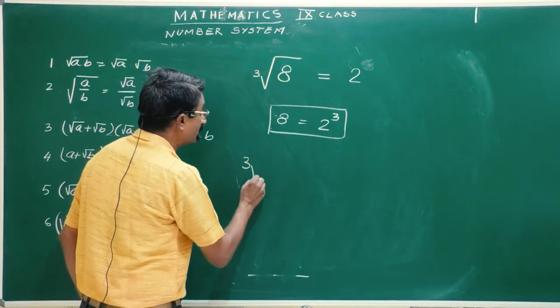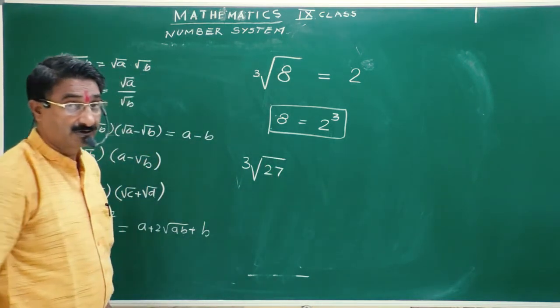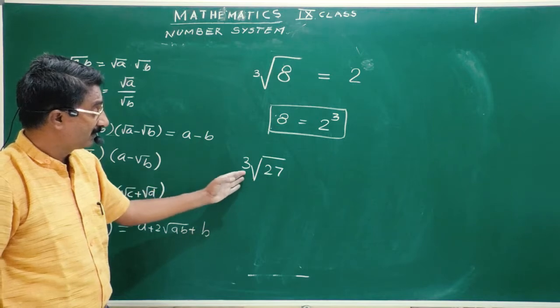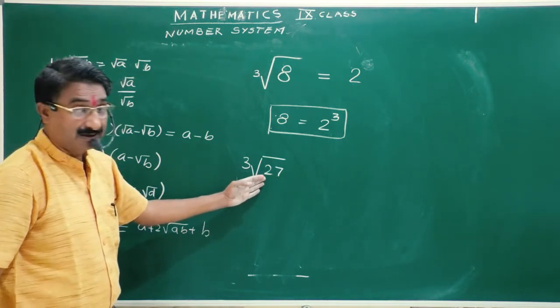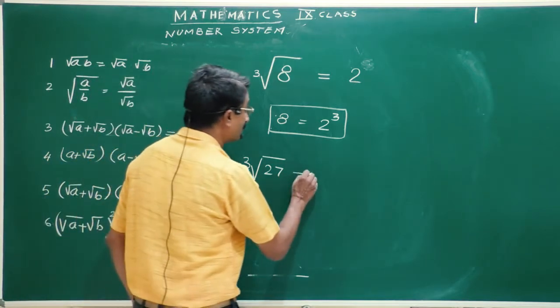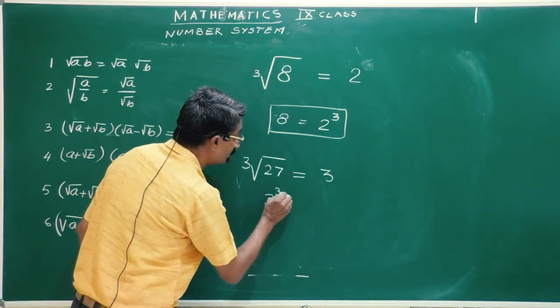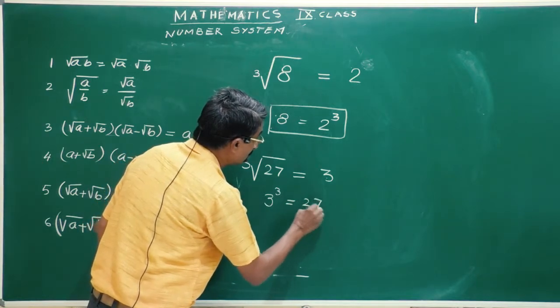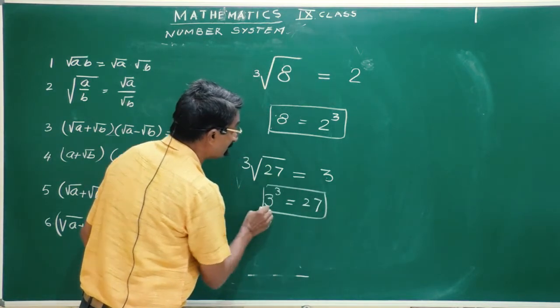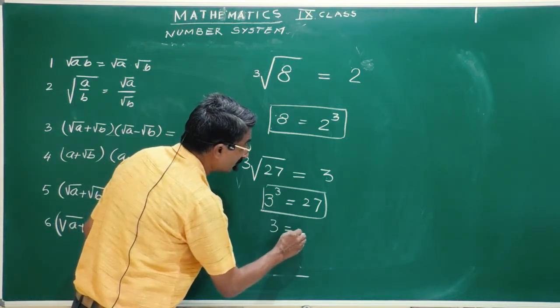Suppose I am writing cube root of 27. So again you can say 3 3s are 9 and 9 3s are 27. So this answer is equal to 3, or you can say 3 cube is equal to 27.